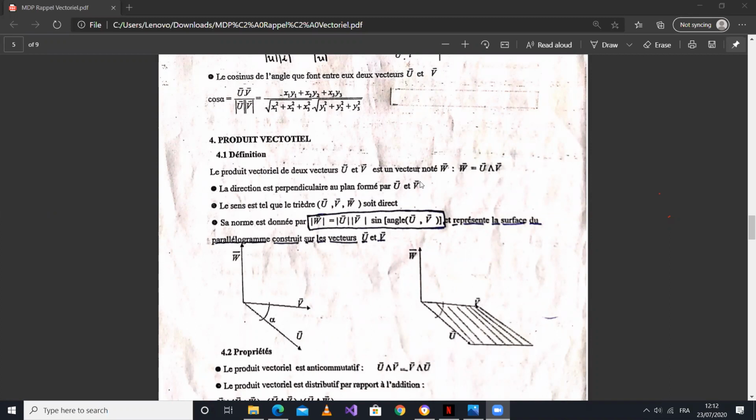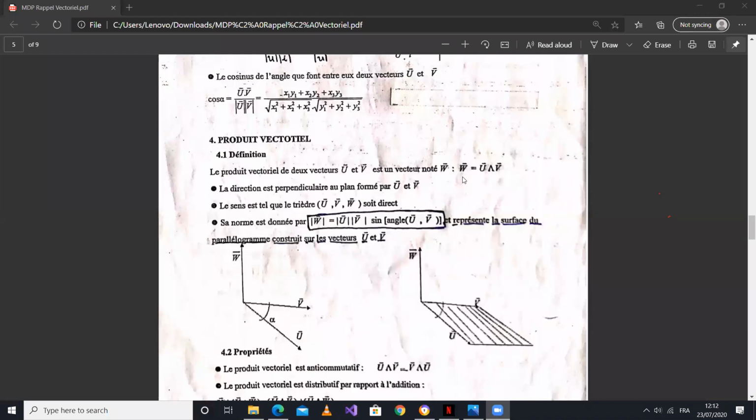So in this case, we read it as W equals U vectorial V. Then the general rule is that when calculating the product vectorial, the resulting vector from that operation is perpendicular to both the two vectors whose product vectorial you are calculating.